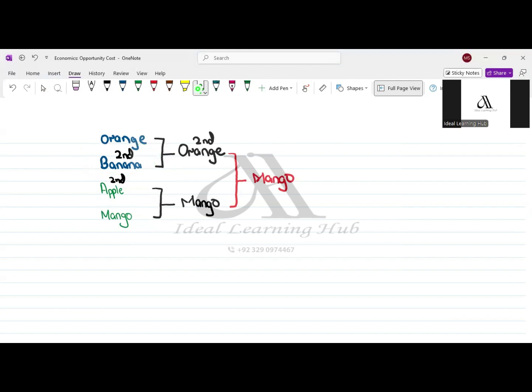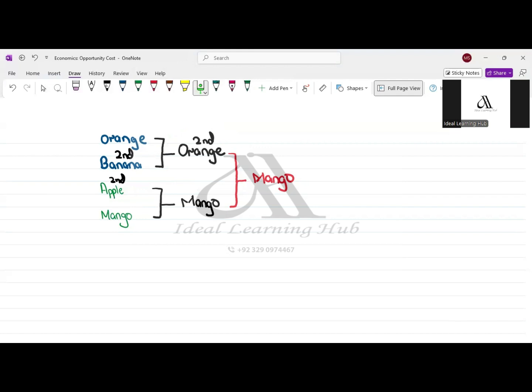So banana is the opportunity cost. What would be your best option if you did not go for mangoes? Your best option would be an apple. So apple is your opportunity cost. What would be the best option when you chose mango over orange? Orange was the best option after mangoes. The orange would be the opportunity cost.